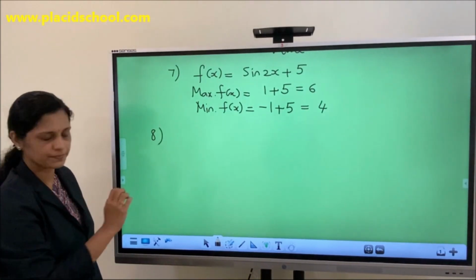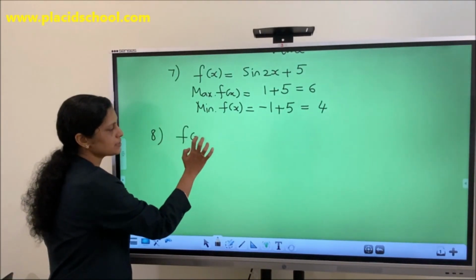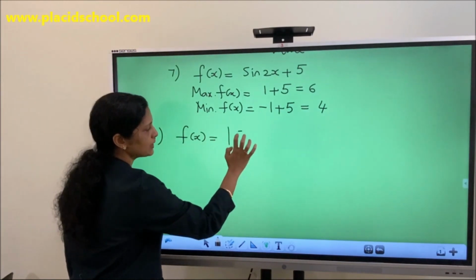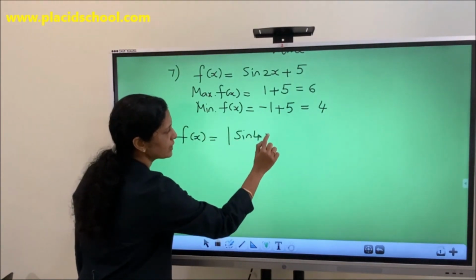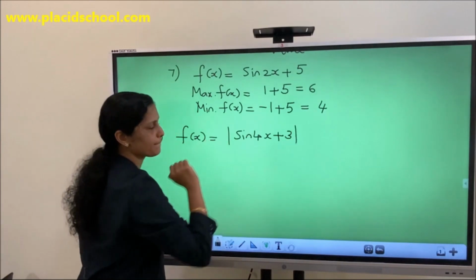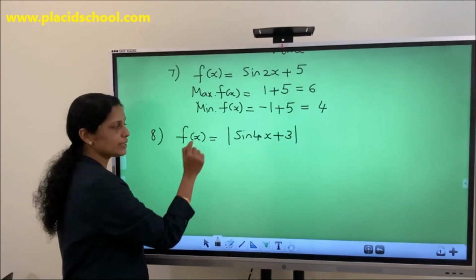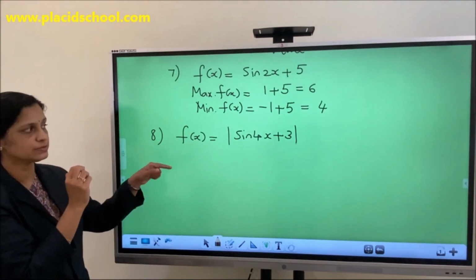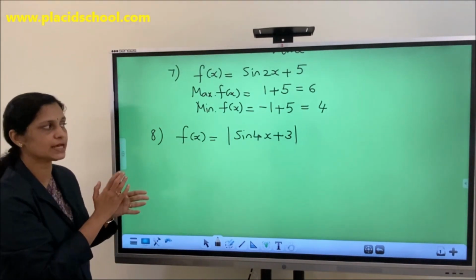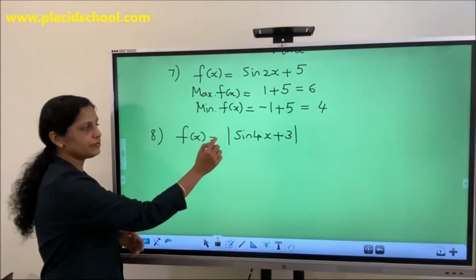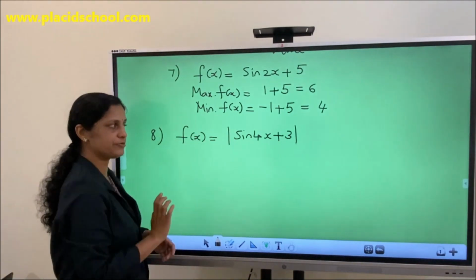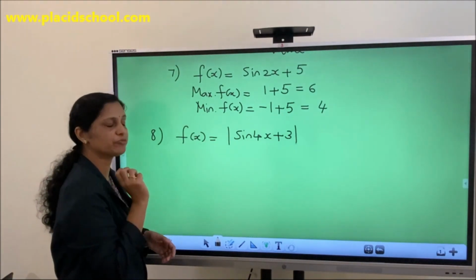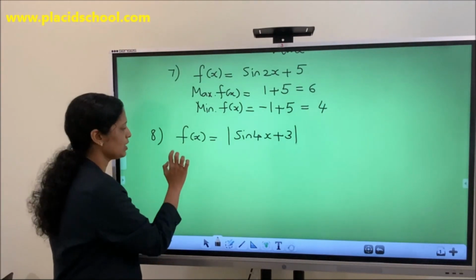Question number 8: f(x) = |sin 4x + 3|. Here is a modulus function, and the terms inside the modulus symbol are sin 4x and 3. We know that the minimum value of sin 4x is −1 and the maximum value of sin 4x is +1.